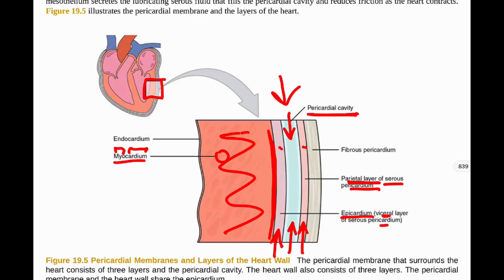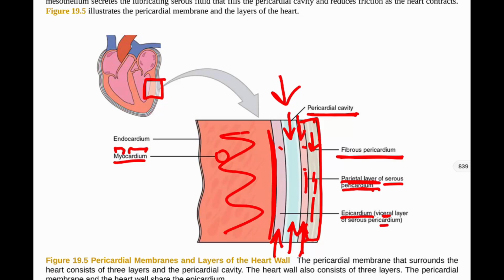So this is the really thick one. You can see kind of in the illustration here, they make it thick and fibrous. It's very thick and it's protecting the heart. Then we have our other layer here, this pink layer that's fused to it, which is the parietal pericardium, which is a little bit softer. And then we have our epicardium, which is attached to our heart here.